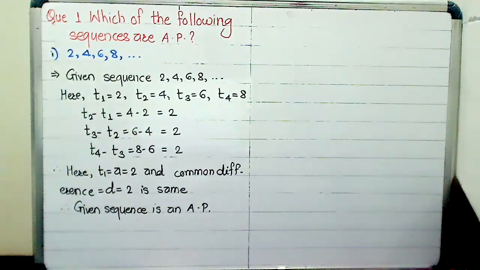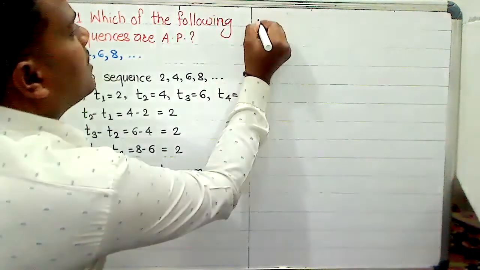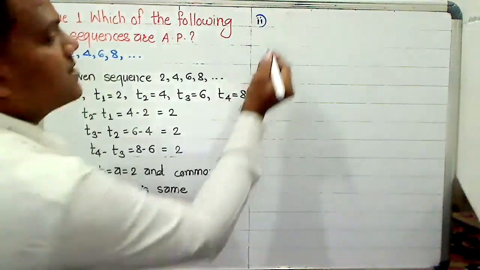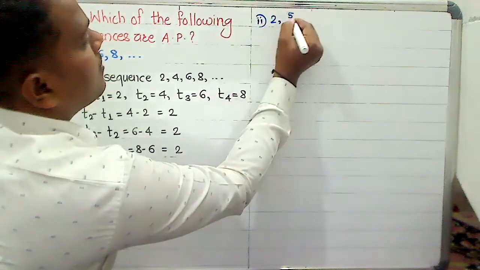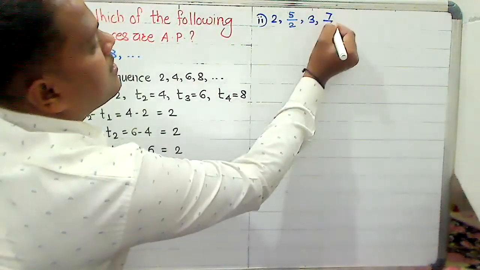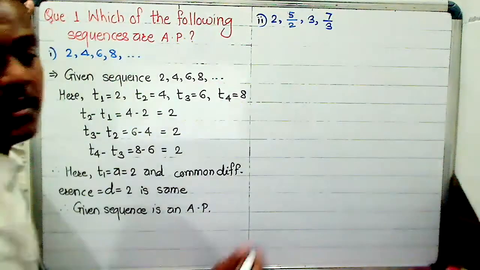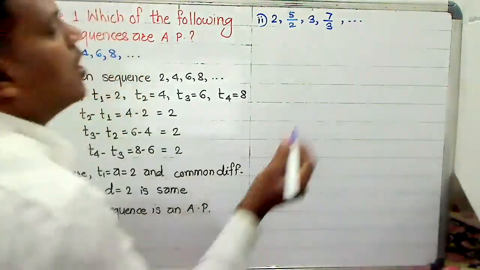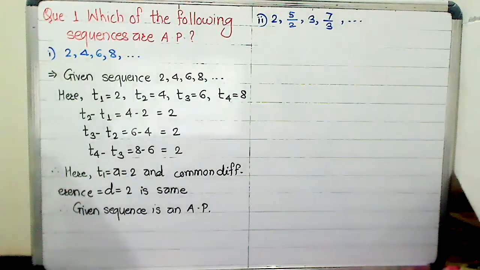Now we'll see the next example. The next sequence is 2, 5 by 2, 3, 7 by 3 and so on. How can we solve this?